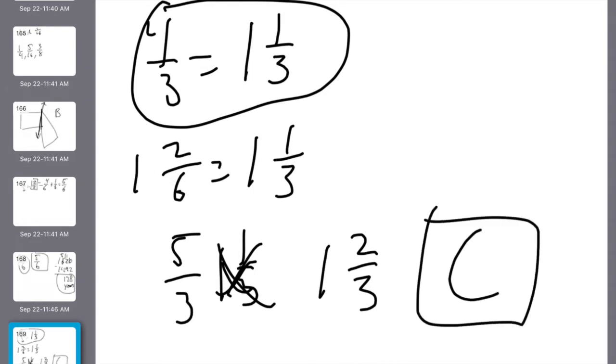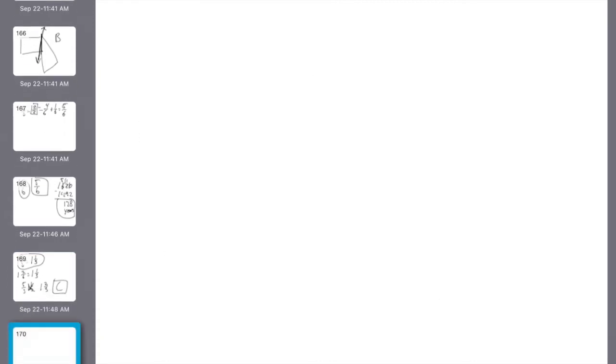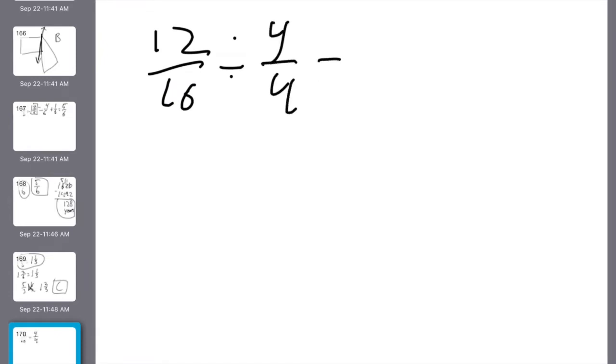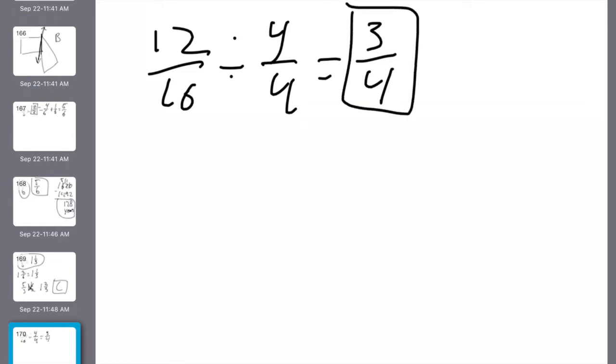Number 7, write numbers as reduced fractions. So I started with 12/16. I divided by 4 over 4. Divide by 4 on the top gives me 3. By 4 on the bottom gives me 4. This time I have a mixed number of 3 12/18.